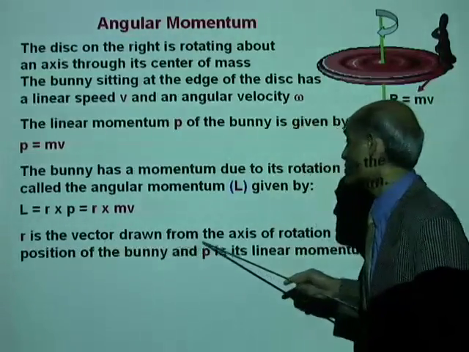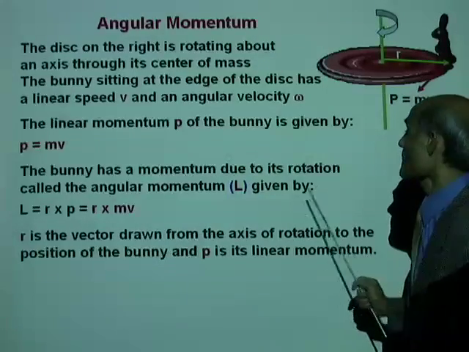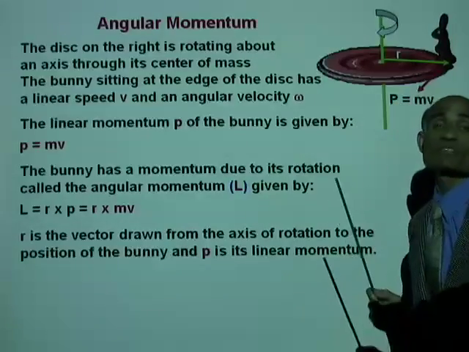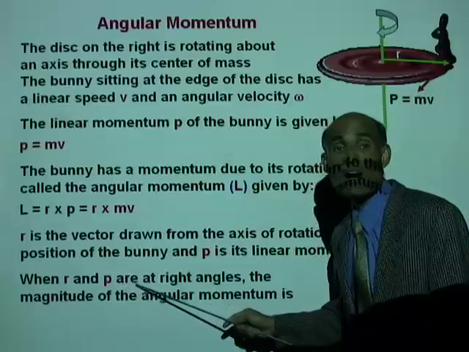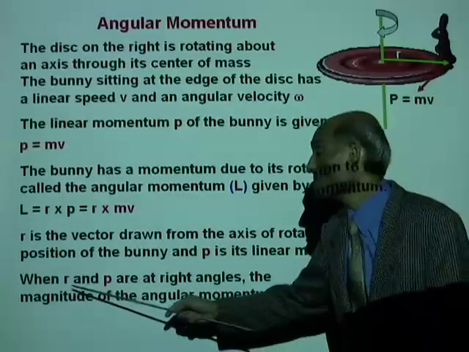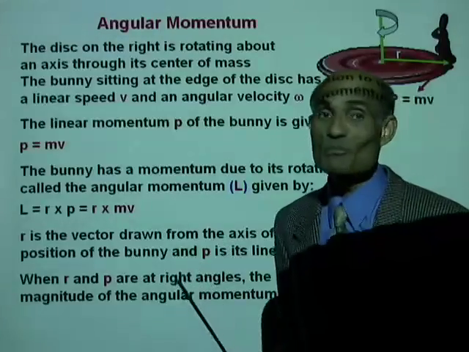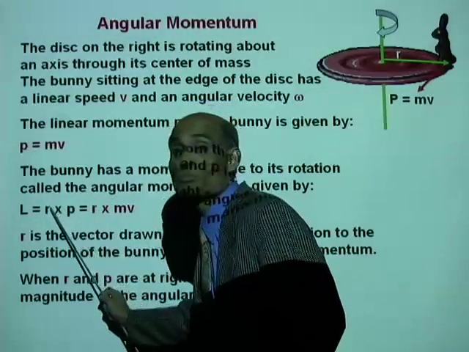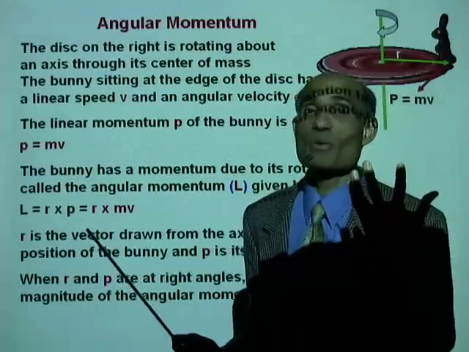r is the vector drawn from the axis of rotation, and p is the linear momentum. When r and p are at right angles, the magnitude of the angular momentum, now remember, angular momentum is a vector quantity, is given by the cross product of r and p. It's a vector quantity, it has a direction.